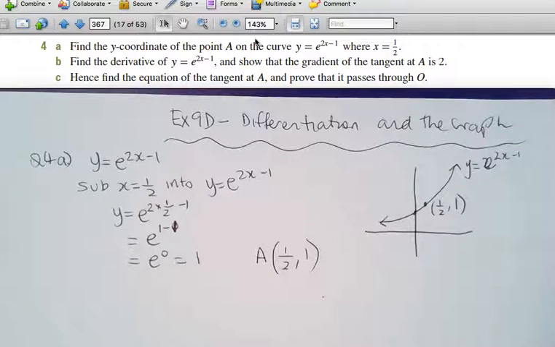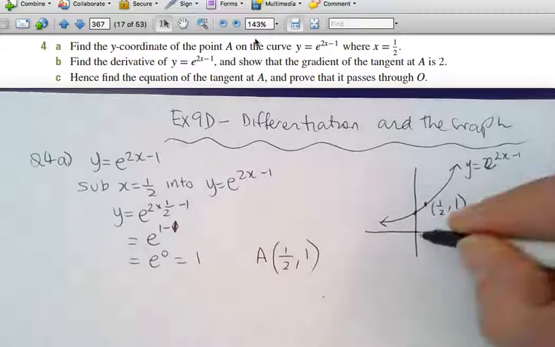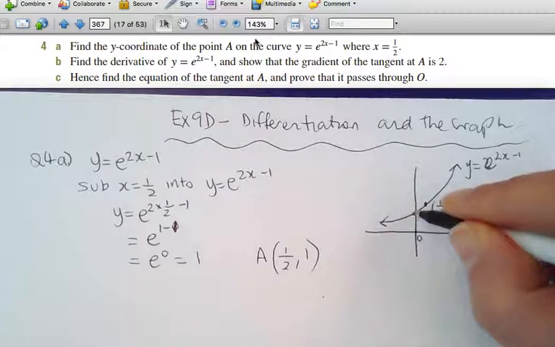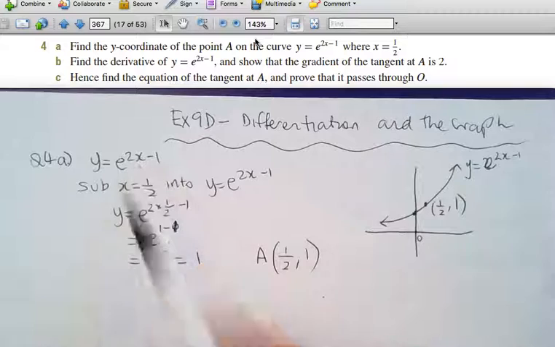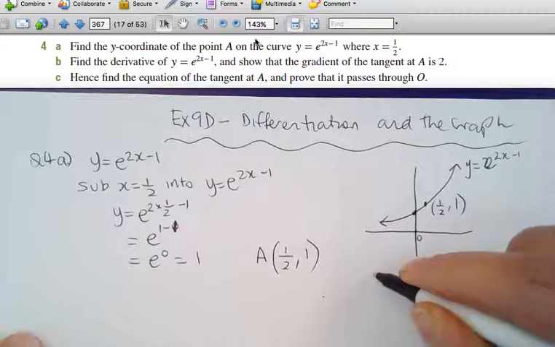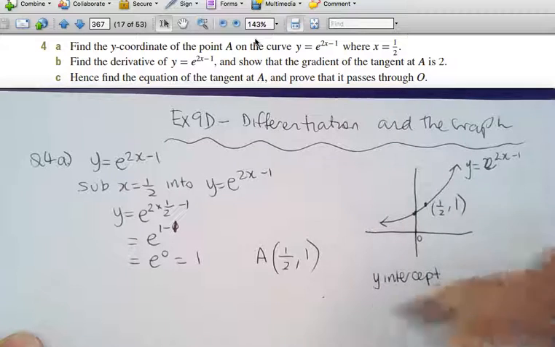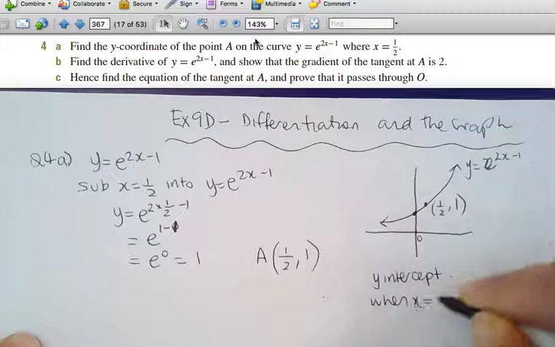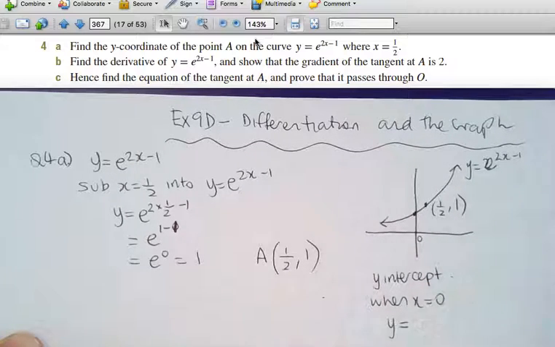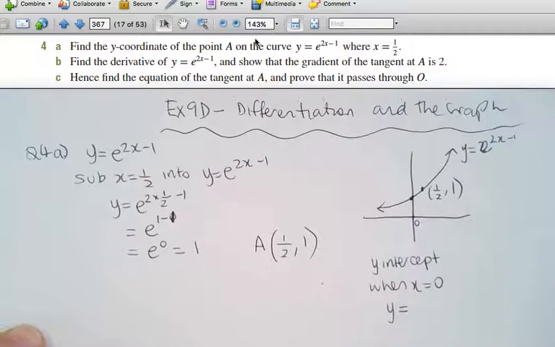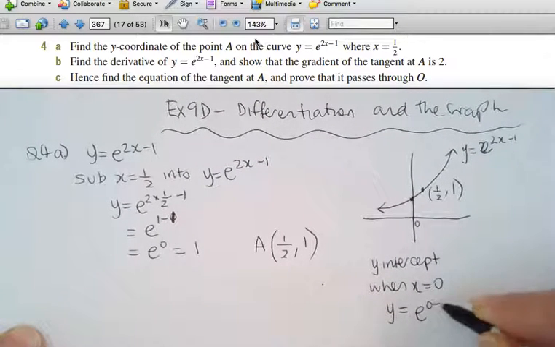Now, actually, while we're here, I know we haven't sketched these curves, but tell me when x is 0, what is y on this curve? Let's just do it anyway. So I'm going to find the y-intercept on this curve while I'm here. When x is 0, y is what? e to the 0 minus 1, which is e to the negative 1.